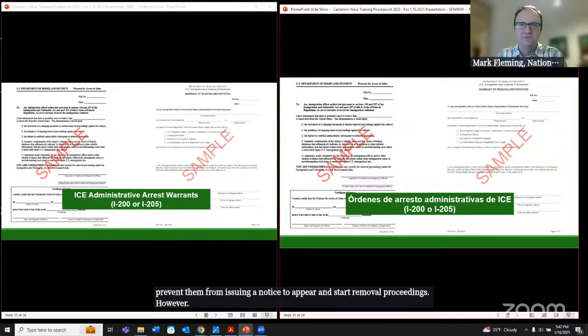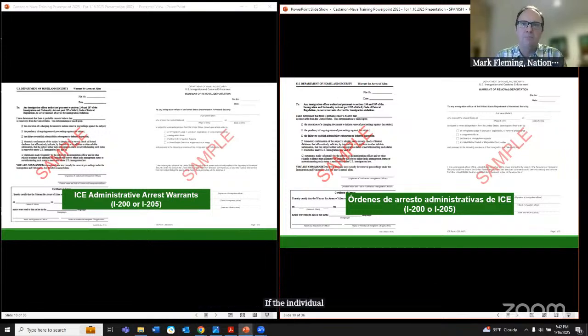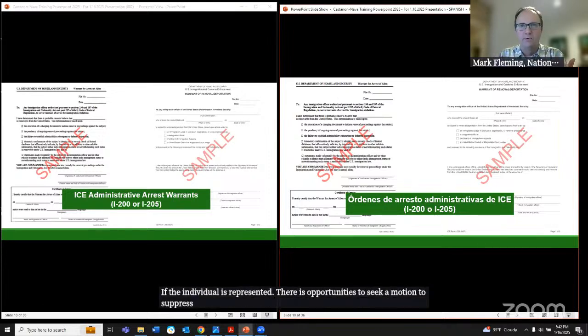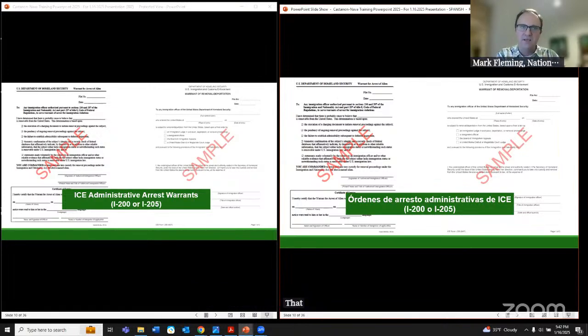However, if the individual is represented, there are opportunities to seek a motion to suppress evidence in the removal proceedings, or a motion to seek termination of the removal proceedings that may be, in part at least, based on violations of the settlement.